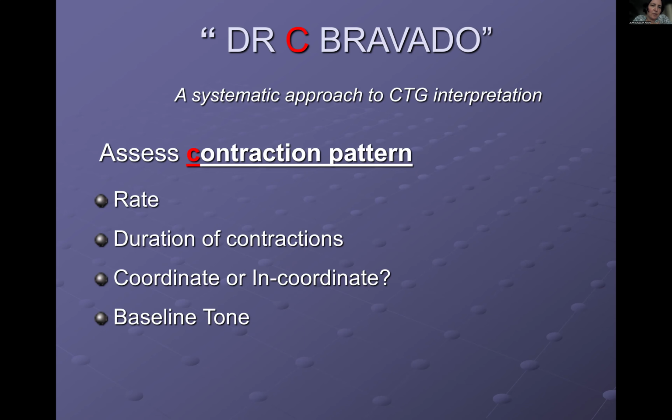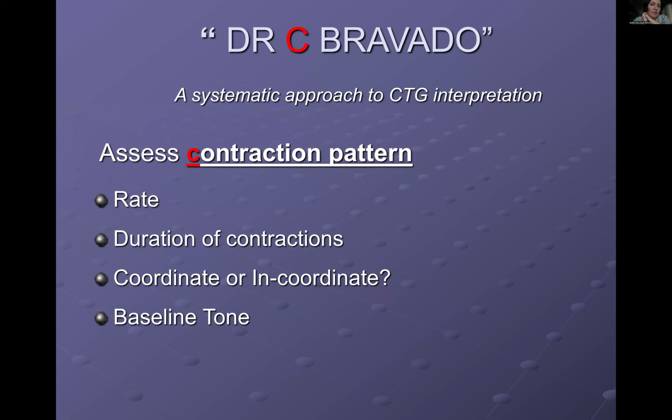In the ideal situation, you have coordinated contractions. Uncoordinated contractions tend to be linked to some type of malpresentation, for example, an OP. Uncoordinated contractions, especially if they're persistent, are going to affect the progress of labor. So the labor probably is not going to be progressing properly, and that's where you would probably be thinking of adding an oxytocin infusion.